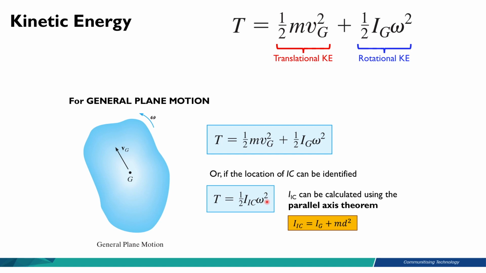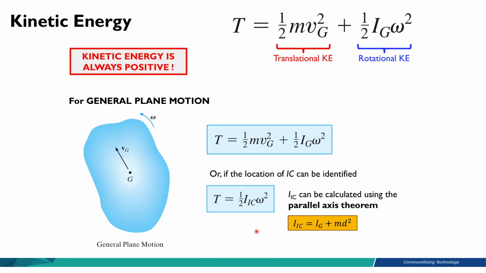And same like the rotation, I_IC can also be calculated using the parallel axis theorem, where I_IC is equal to IG plus MD square. And remember that the kinetic energy is always positive. It is always positive because the mass is positive.